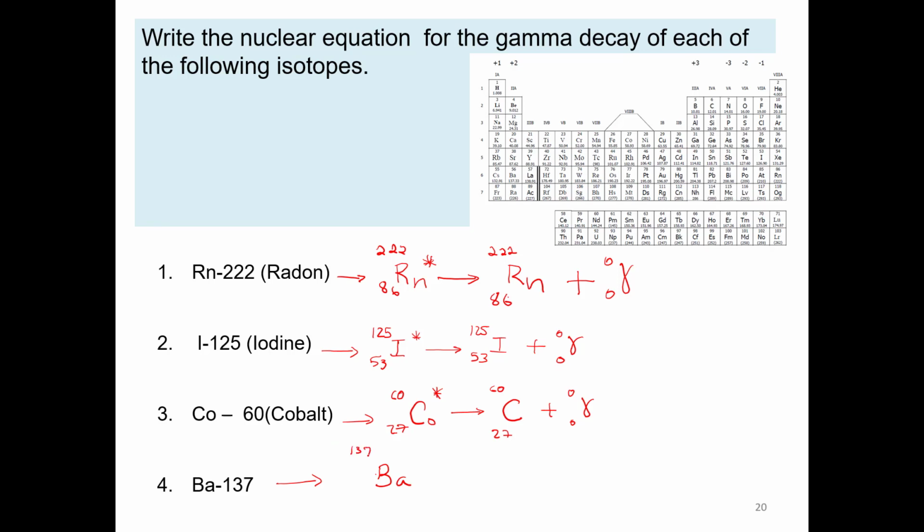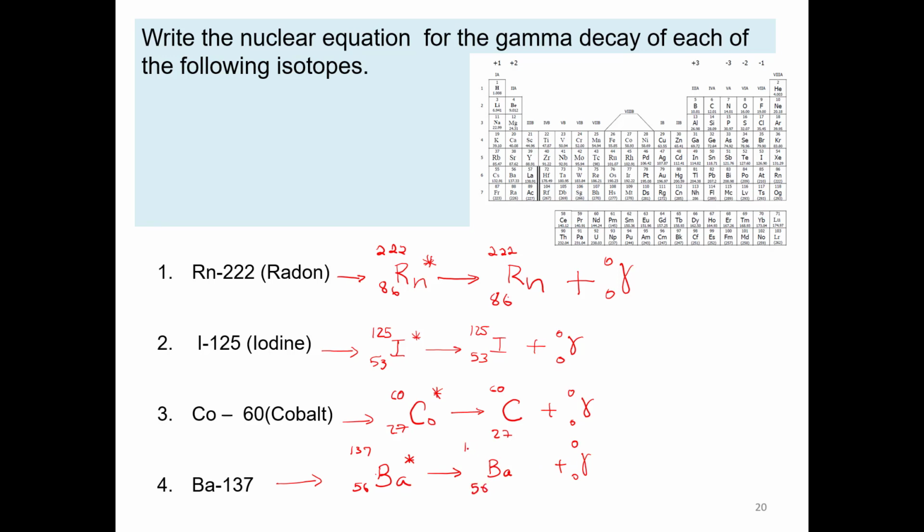And the last example is barium, and we have here barium-137, where 137 is the mass number, and the atomic number is 56. Yes, this barium is here 56, and this is the excited state of the barium, and now it's more stable because it emits the gamma radiation.